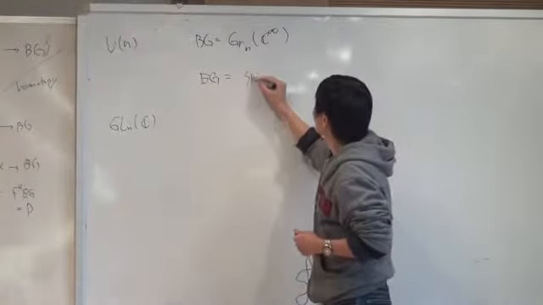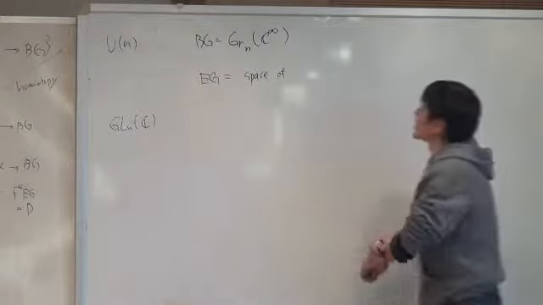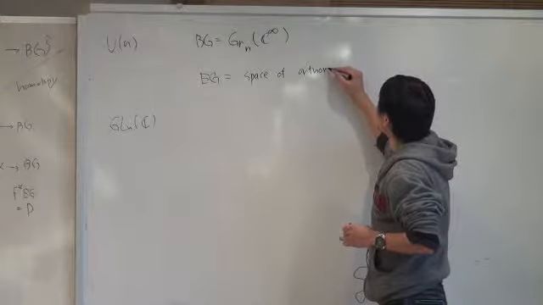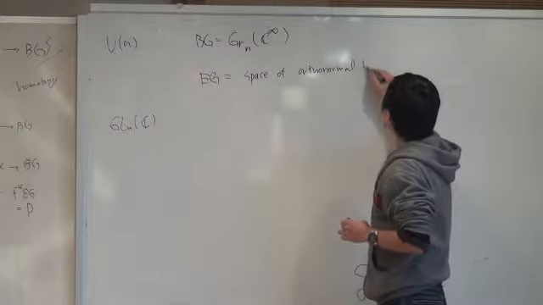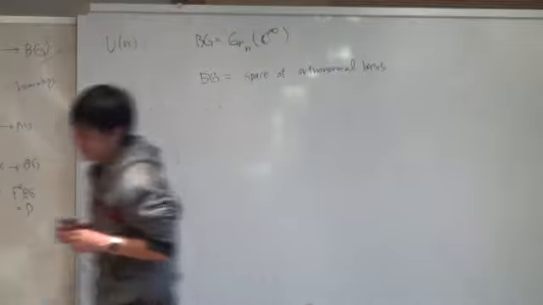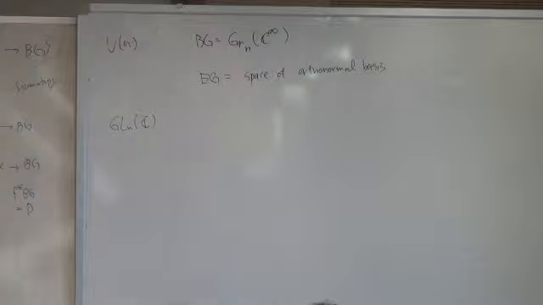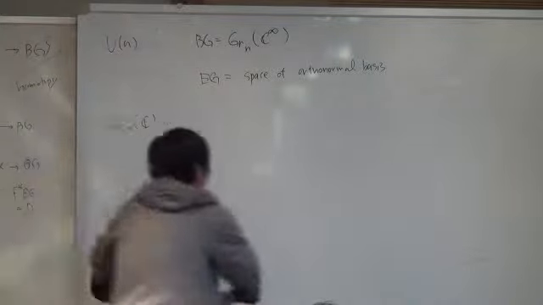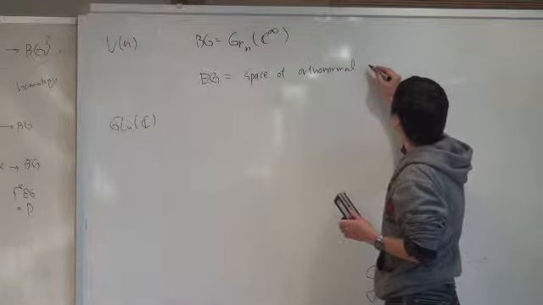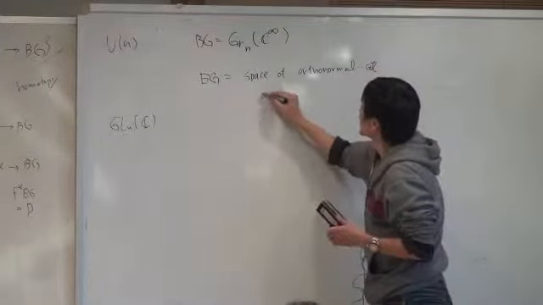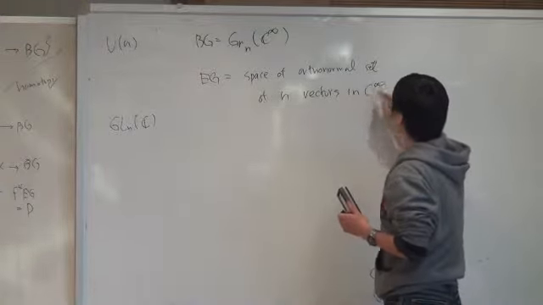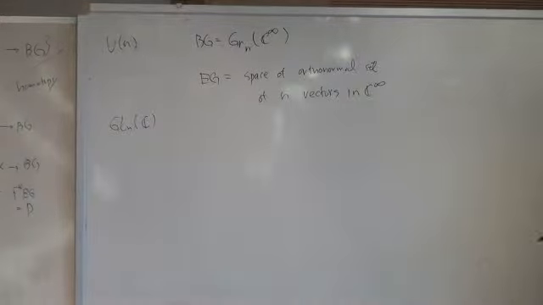So this is the space of orthonormal sets of n vectors in C infinity.